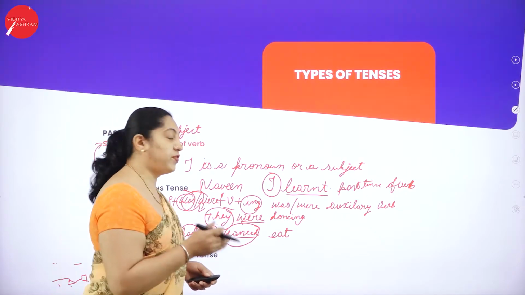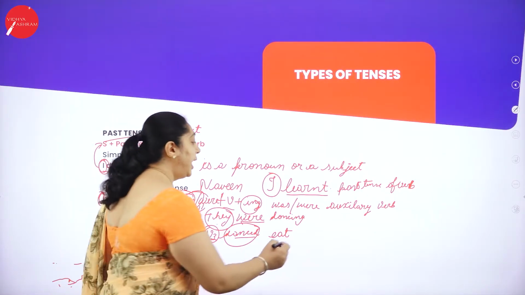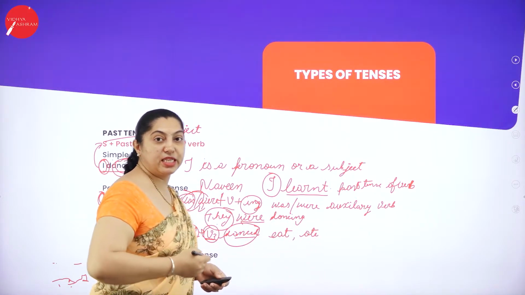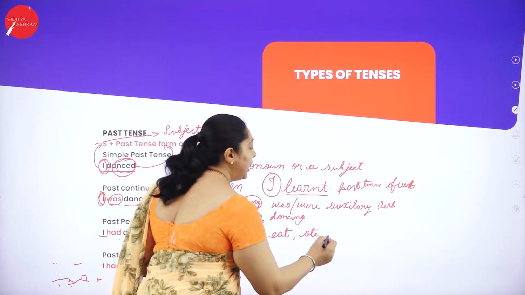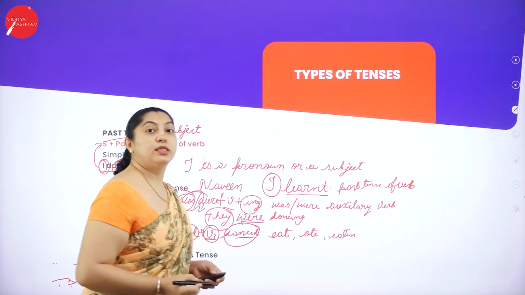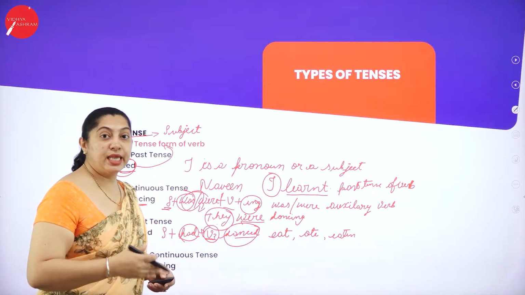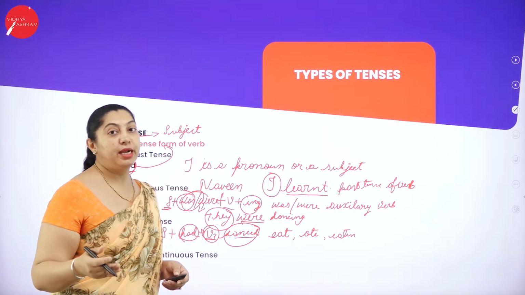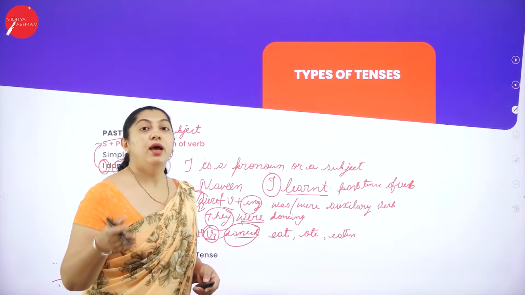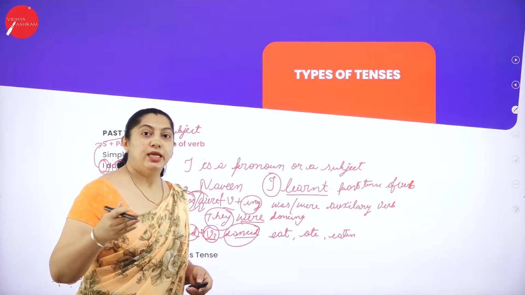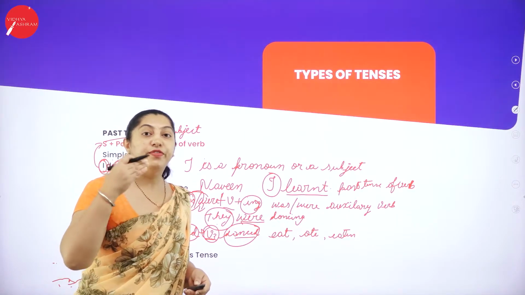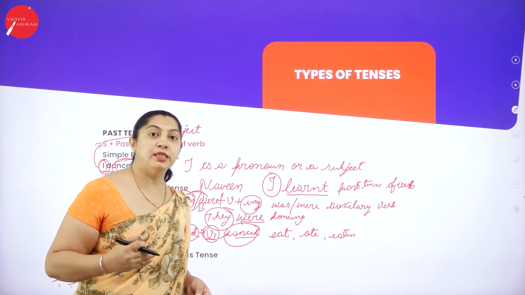Eat is the first form of the verb, ate will be the second form, that is in the past tense, and eaten will be the third form, the past participle. For example, cook, cooked, cooked; cut, cut, cut. So these are the V3 verbs, that is the first form, second form and third form.